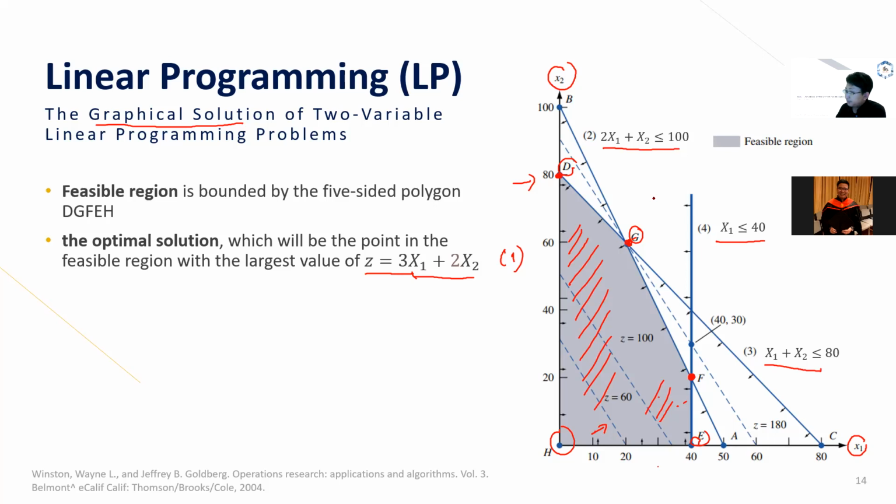But for this introduction class, I will just tell you that the optimal is located where x1 equals 20 and x2 equals 60. It's here, 20 and 60, x1 and x2.